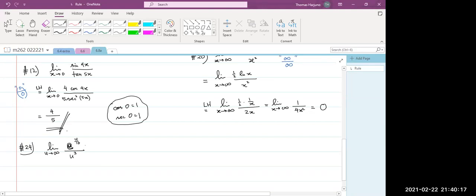This is the infinity over infinity case. When I apply L'Hopital rule, limit u goes to infinity of e to the blah times the derivative of blah.